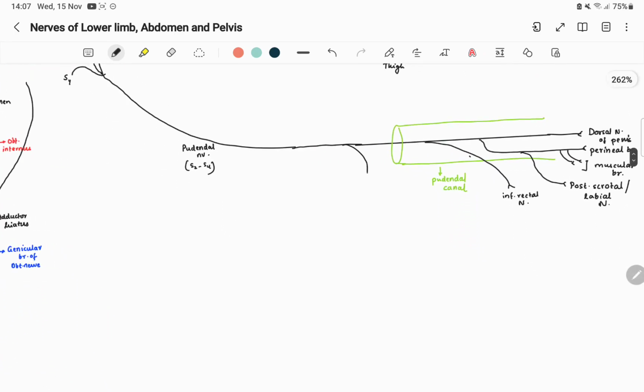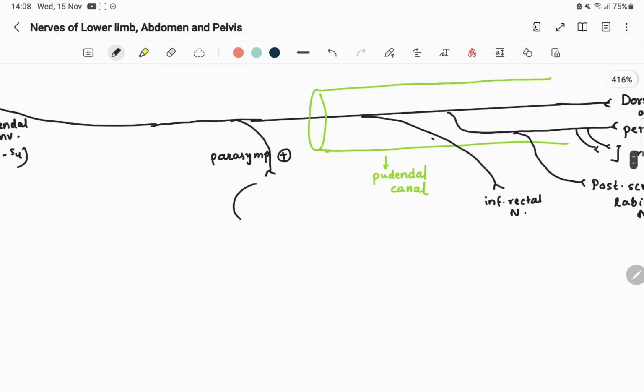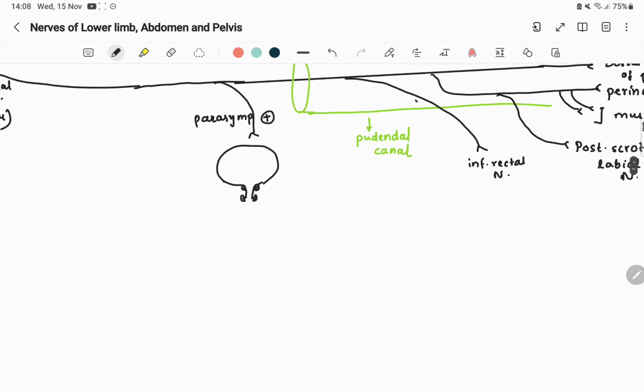Also just remember that the pudendal nerve gives a stimulation to the external urethral sphincter.